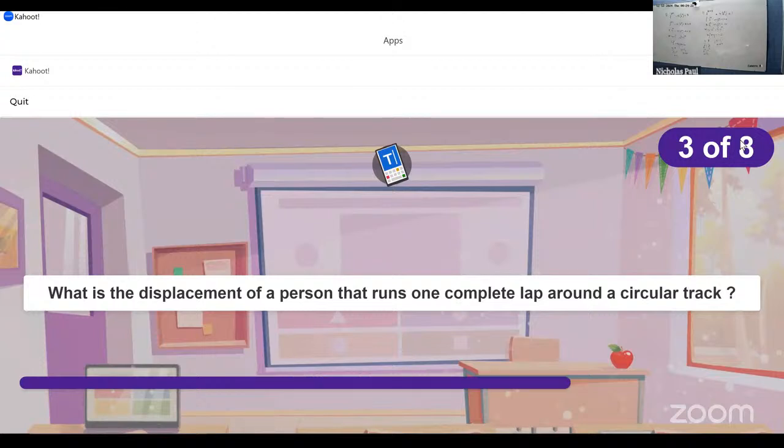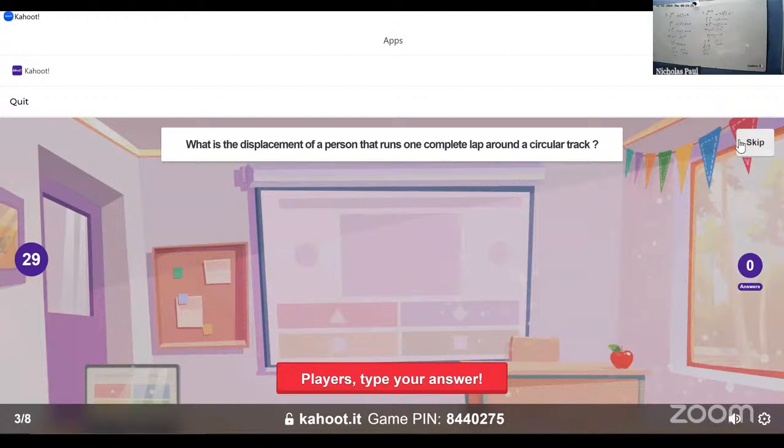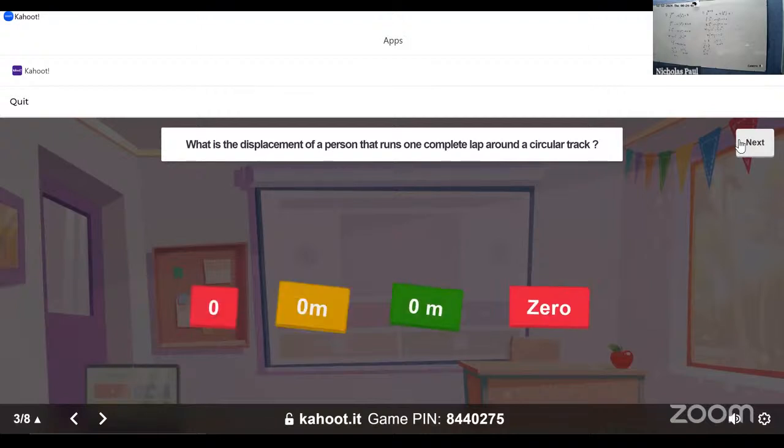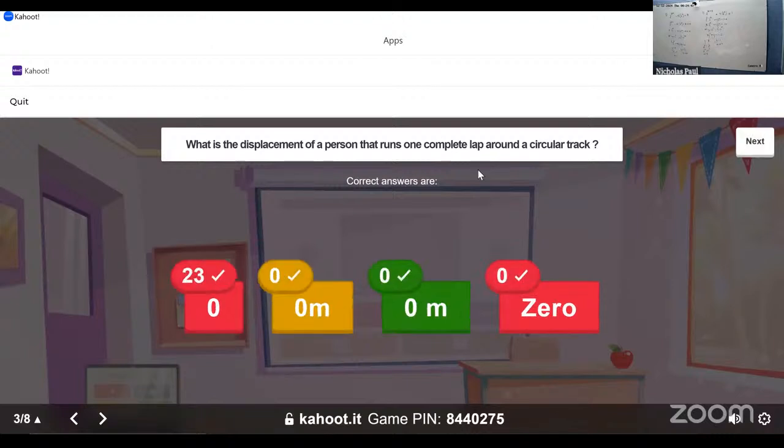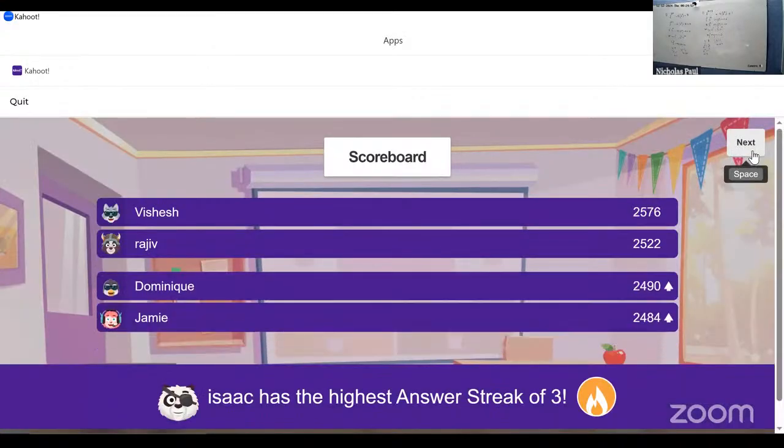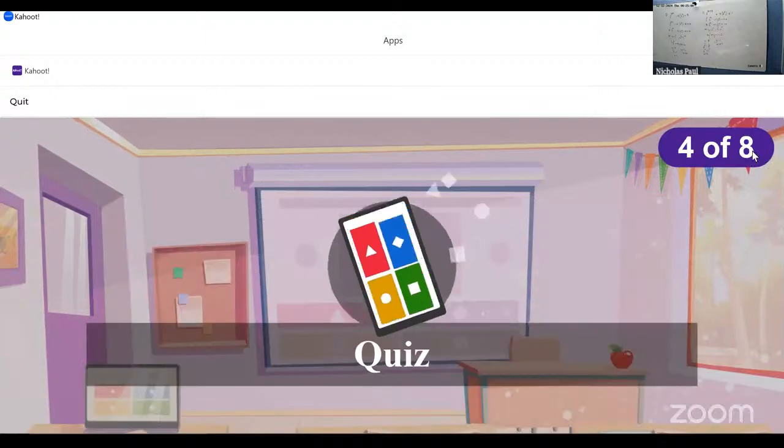No SI unit, right? Let's type your value. That was good, that was really, really good. I think she did, yeah. That was really good. Dominique, Chimi, let's see.